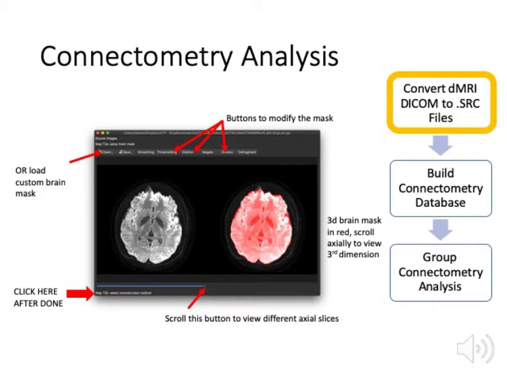Or you can actually pre-generate by other computational steps a custom brain mask and load it here. This step must be run, will be executed for every single individual in the system. After you're done inspecting the brain mask, click this panel to proceed to the next step.